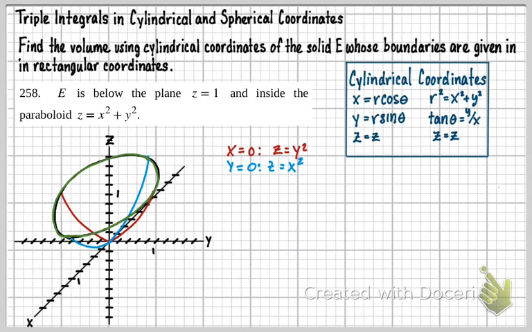So here are those cylindrical coordinates. That tells us that if we look at this paraboloid here, I can see x squared plus y squared, so what I can say right away is x squared plus y squared equals r squared.